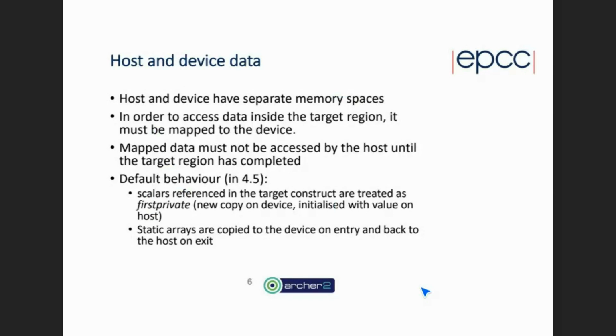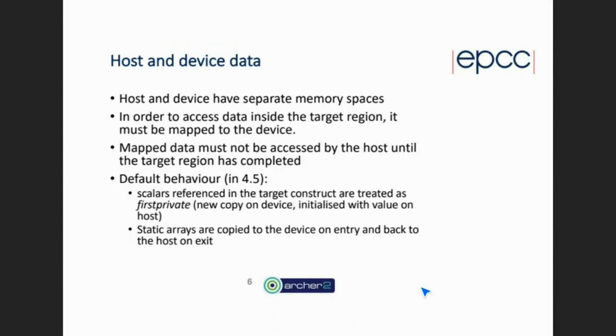So we need to deal with different copies of our data. The host and the device have separate memory spaces, but they refer to variables by the same name. In order to access data inside the target region, it has to have been mapped to the device, which will cause a copy to be made.